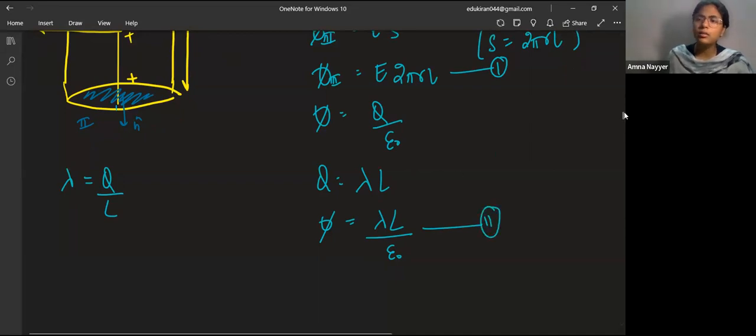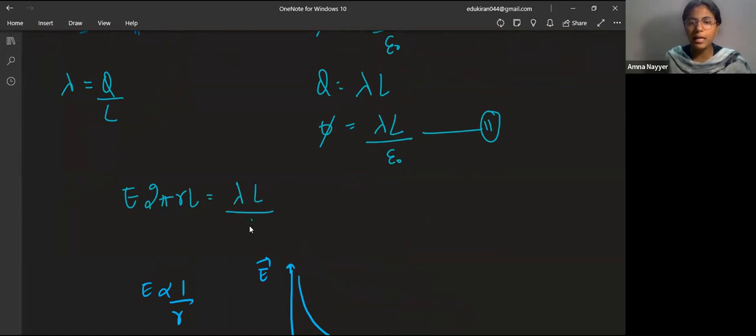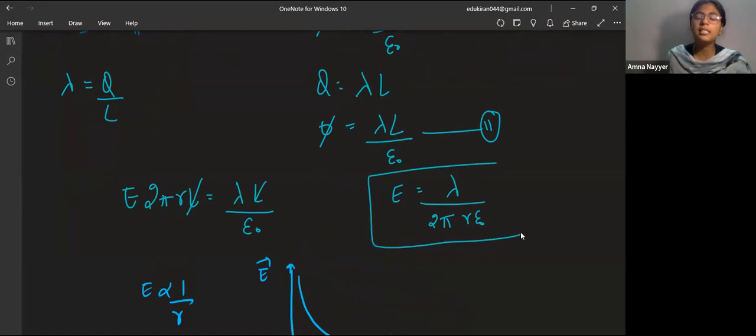Both are equal. So you can equate E 2 pi RL equal to lambda L by epsilon naught. Length gets cancelled. E becomes equal to lambda by 2 pi R epsilon naught. This is the formula for electric field for a linear wire.